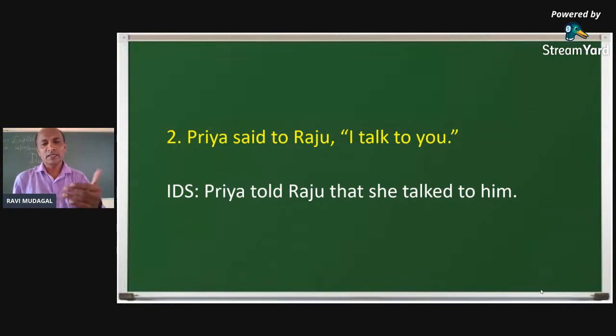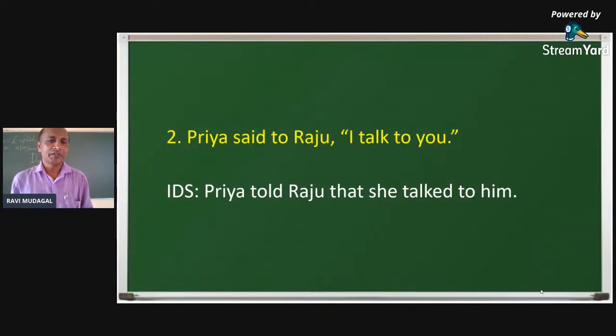"I" belongs to Priya, so instead of "I" we should use "she," then "talked," then "to." Instead of "you," we should use "him," since "you" belongs to Raju. The indirect speech is: Priya told Raju that she talked to him.